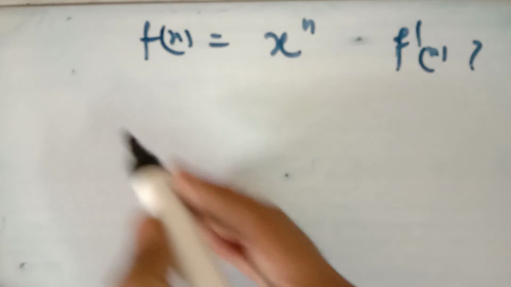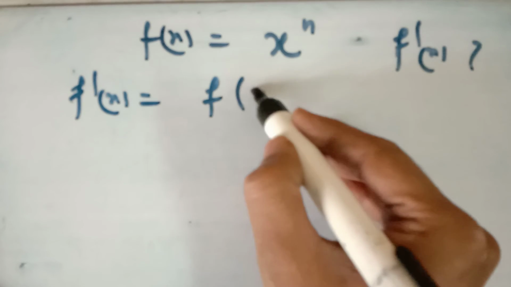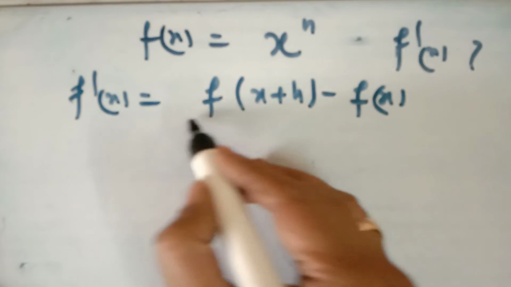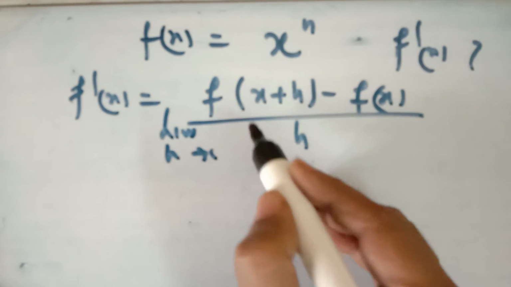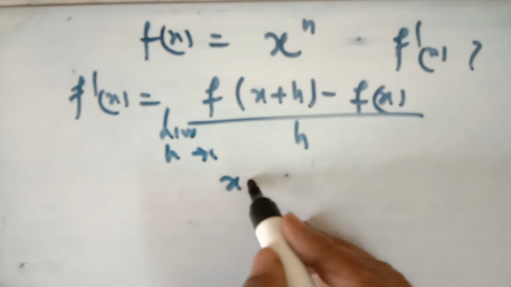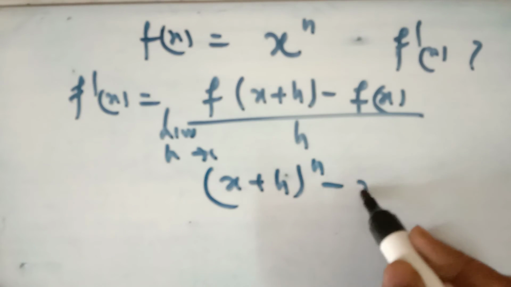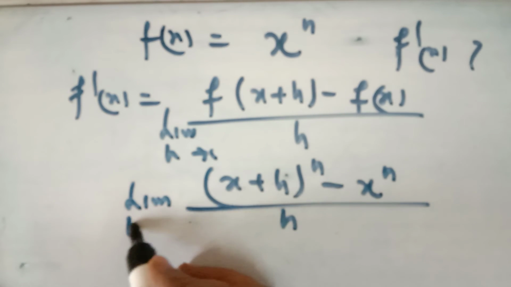By using the first principle, we know that f dash x is equal to the limit as h goes to 0 of f(x+h) minus f(x) upon h. So f(x+h) is (x+h) to the power n, minus f(x), which is x to the power n, upon h, limit h goes to 0.